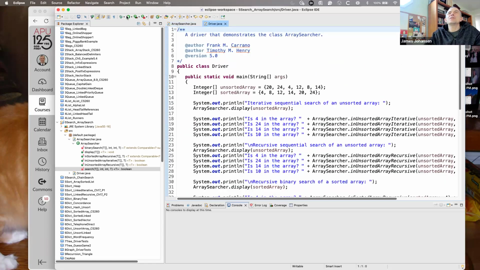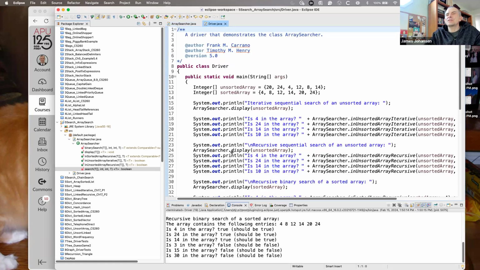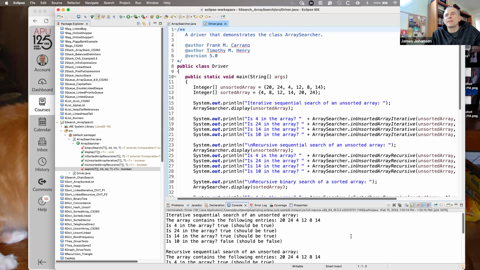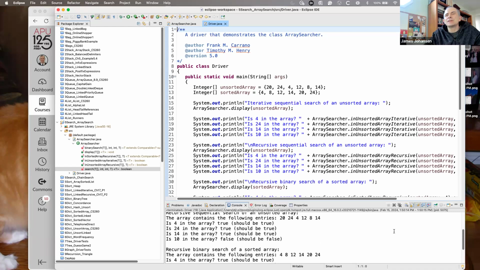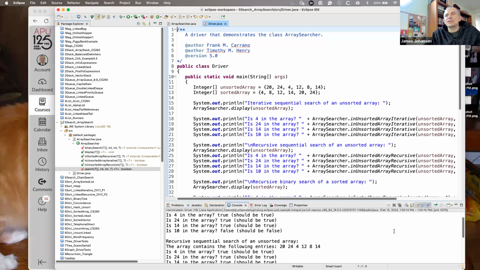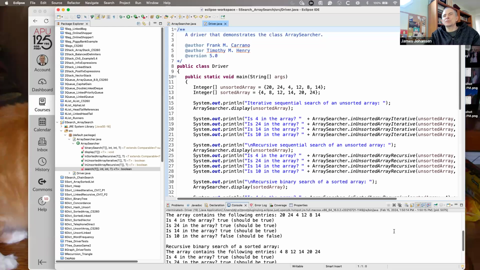Here we can look at those three possibilities: the iterative sequential search, a recursive sequential search, and then a recursive binary search of a sorted array. So iterative, and then we have two recursive possibilities.